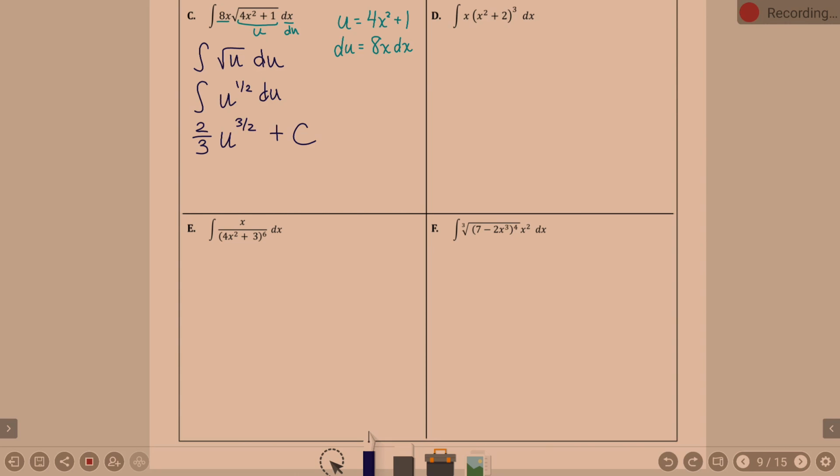And then? Plug your x value back in. 2/3 (4x squared plus 1) to the 3/2 plus c. And I feel like they usually leave it as a 3/2.